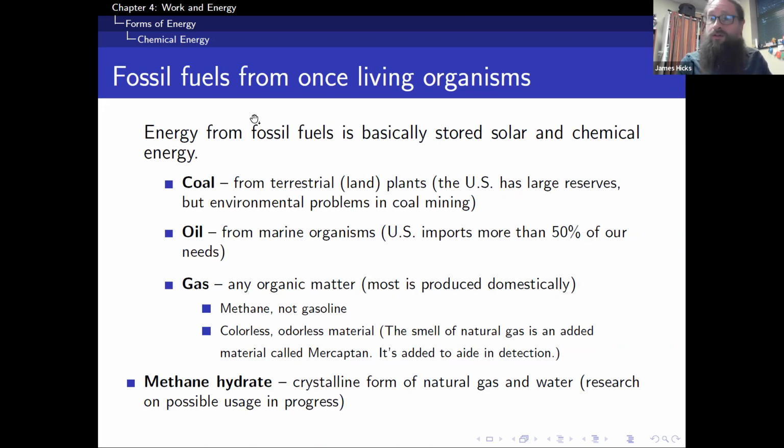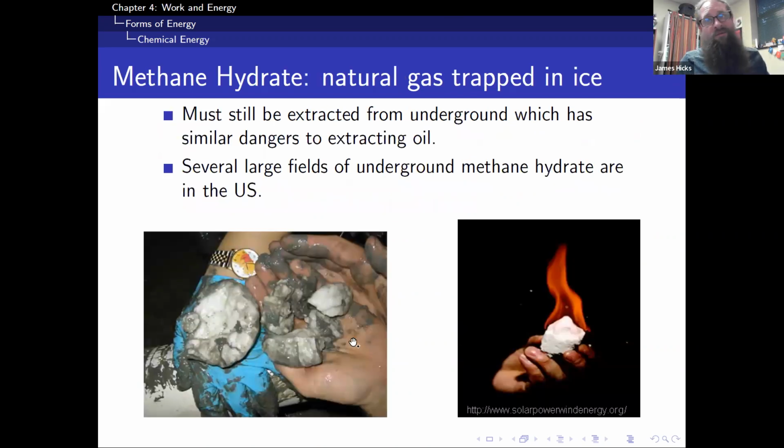One of the interesting forms of fossil fuels down here is methane hydrate. And that's a weird case where you have natural gas like methane that's trapped in ice, and that ice is essentially underground.